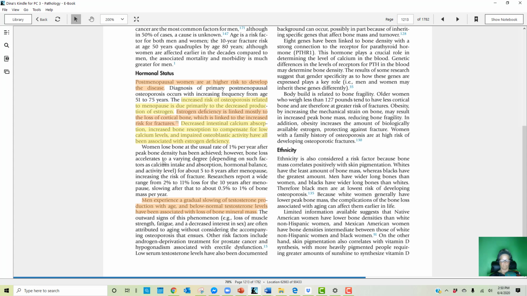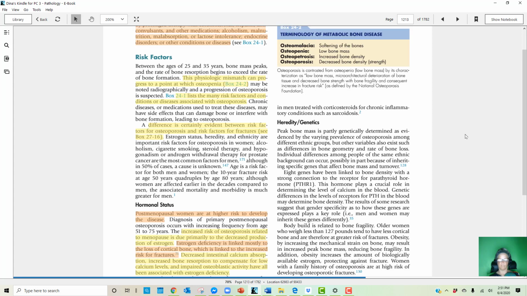Other risk factors include androgen deprivation, treatment for prostate cancer, and hypogonadism associated with erectile dysfunction. Low serum testosterone levels have also been documented in men treated with corticosteroids for chronic inflammatory conditions such as sarcoidosis.